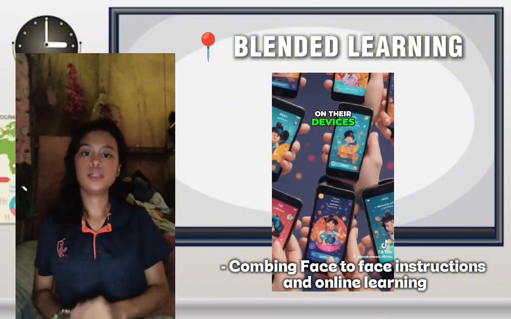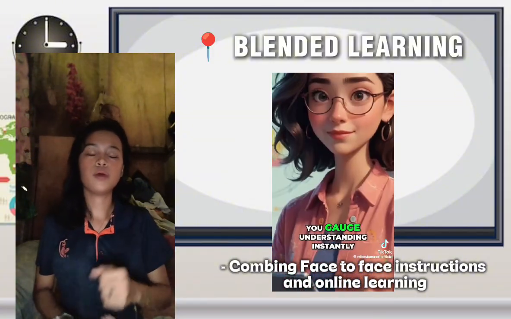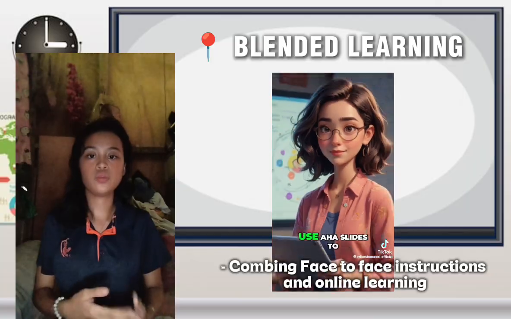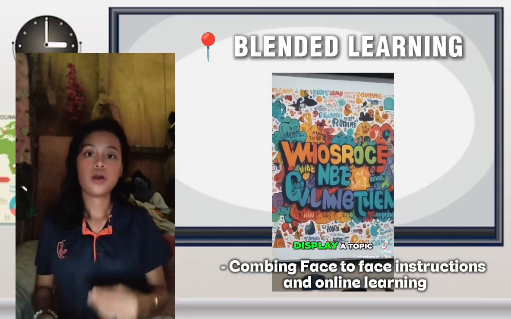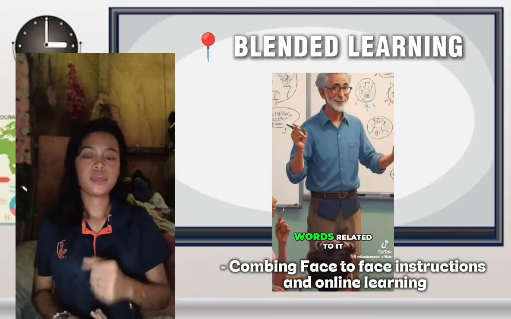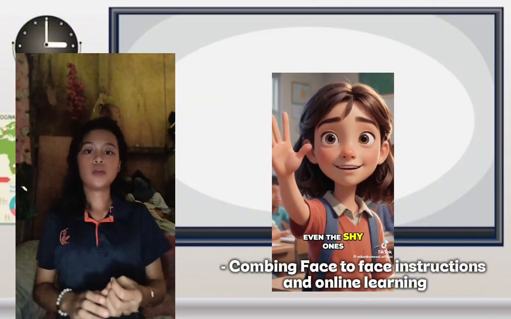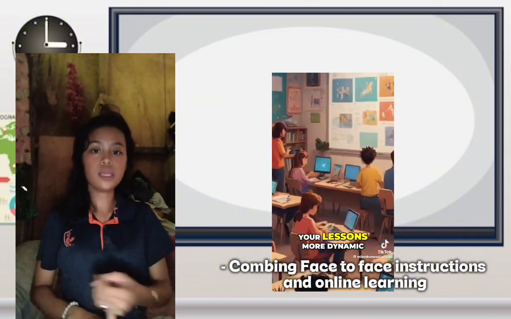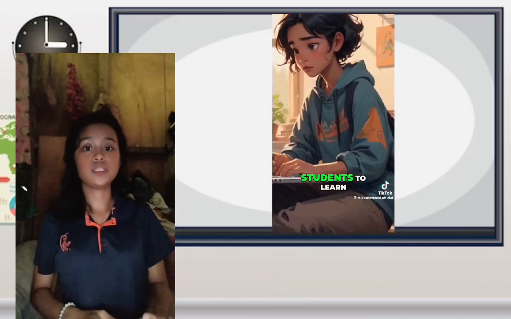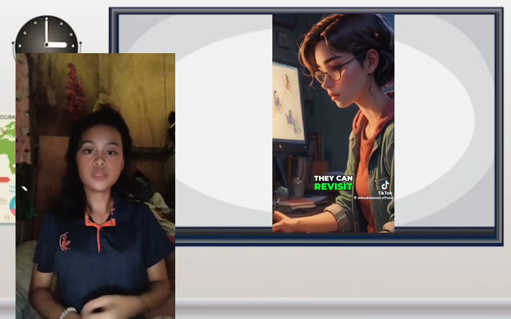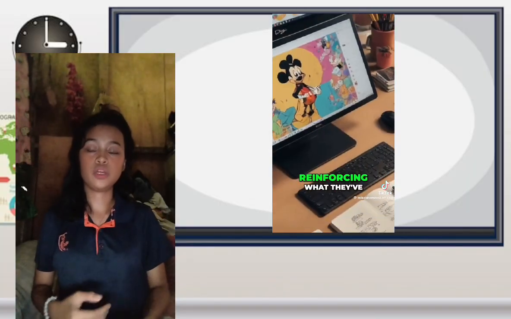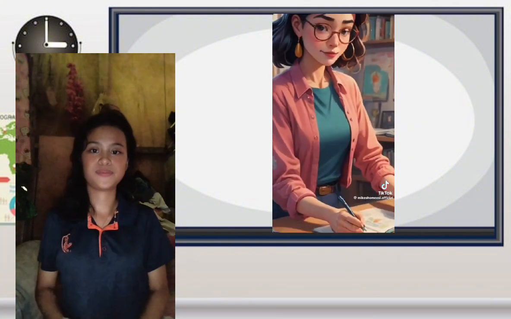In this model, students move or rotate to different stations or areas in the classroom on a fixed schedule. Examples of stations are online learning using gadgets or computers, and group discussion, talking and sharing with classmates.